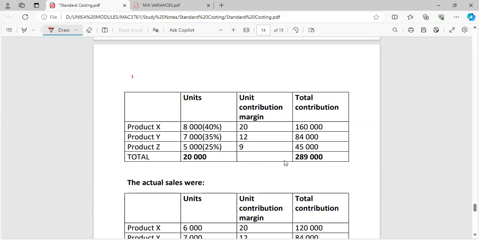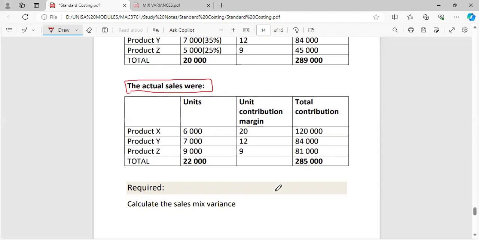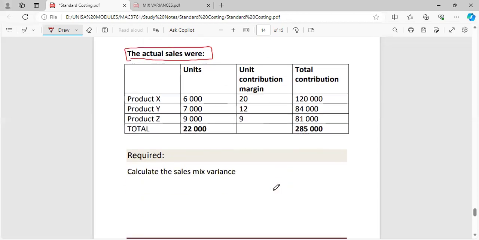So we have budgeted here, and we have the actual sales. Then the question requires us to calculate the sales mix variance.